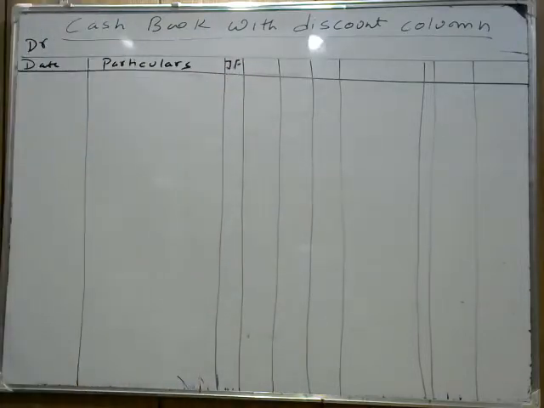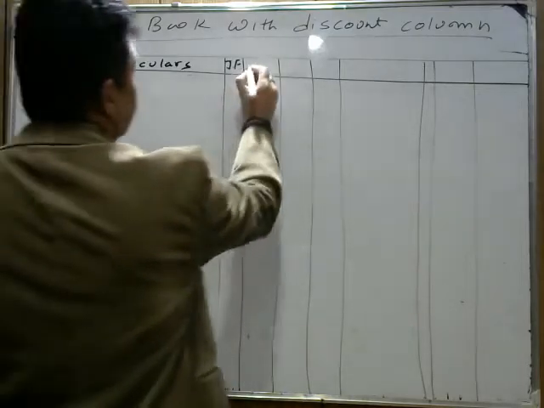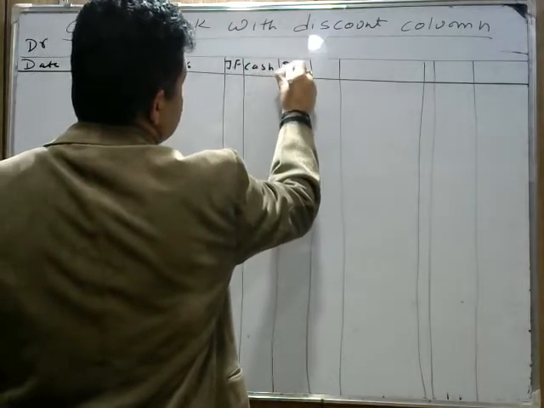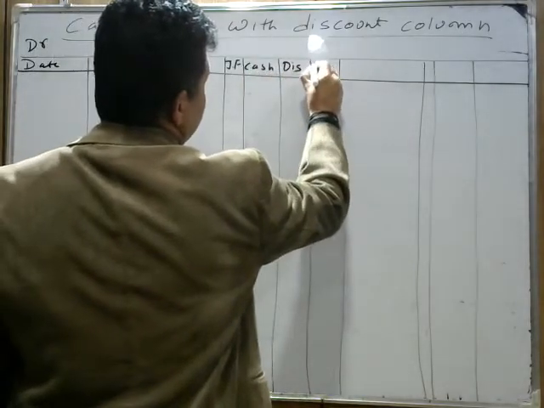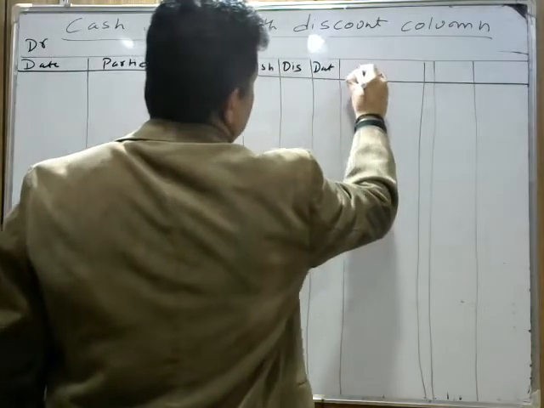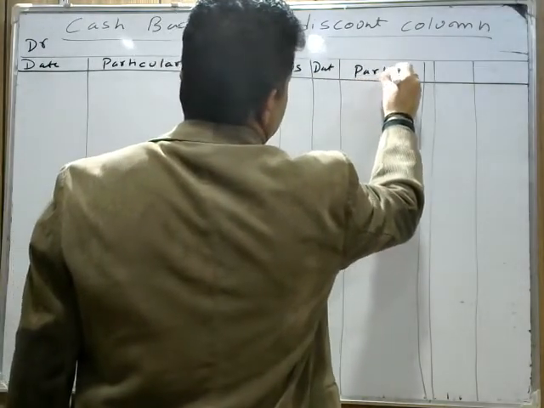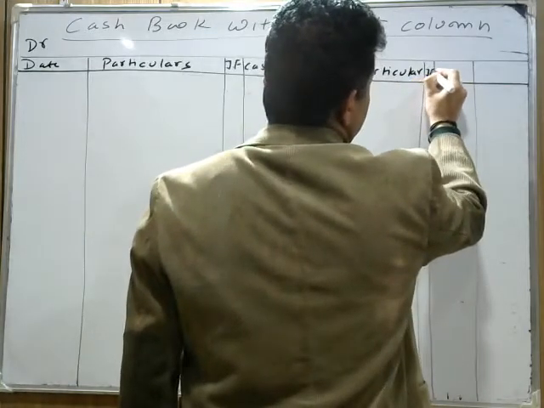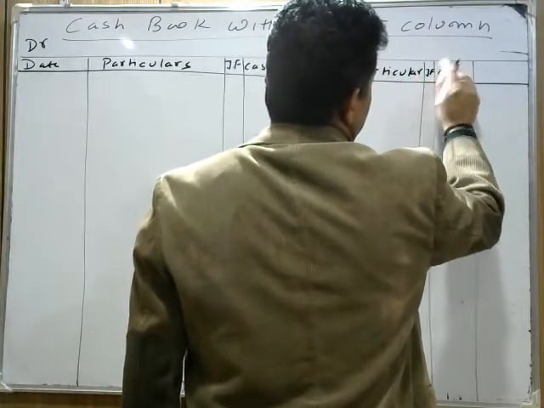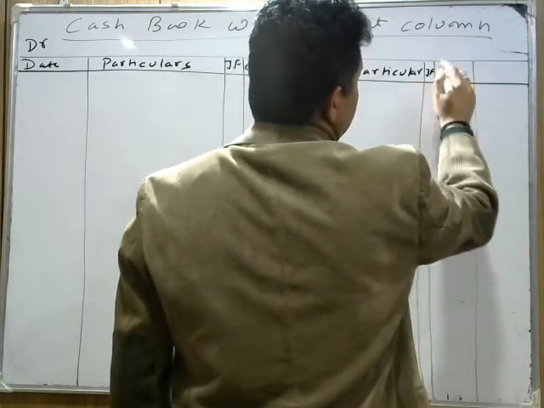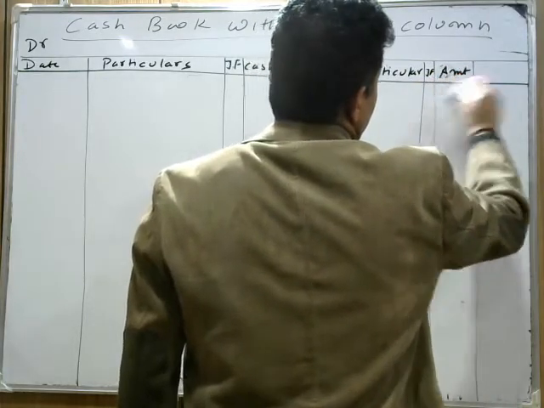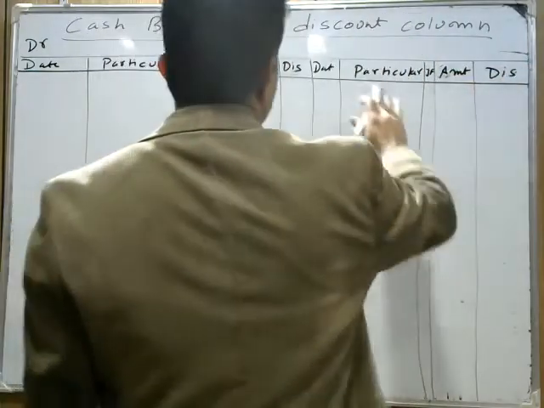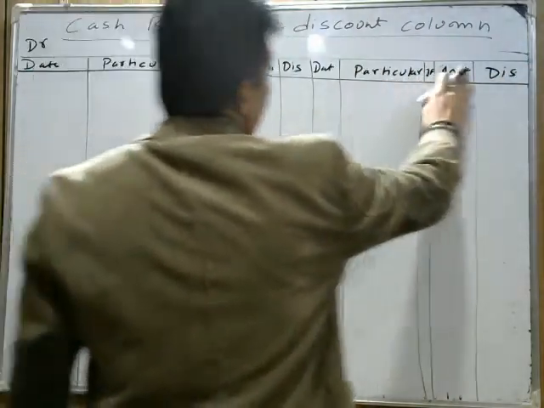Here we write cash, here we write discount, then again date, particulars, then again JF, amount and discount.